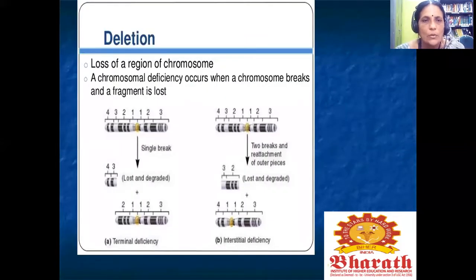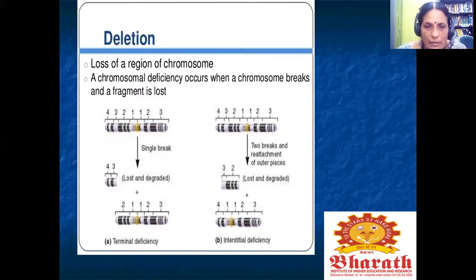So first we see deletion. Deletion is the loss of a region of chromosome. Chromosomal deficiency occurs when a chromosome breaks and a fragment is lost. In the figure, A shows the terminal deficiency and B shows the interstitial deficiency.